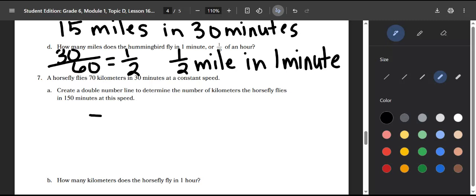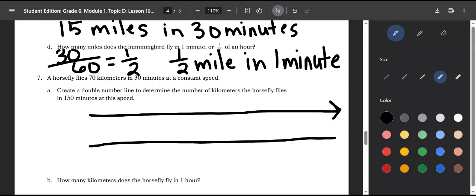So we're going to do our 2 lines. And this top line is going to be the number of kilometers. Remember, I'm just putting kilometers, but you understand that it is the number of kilometers. And then the bottom line is going to be the number of minutes, distance over time.